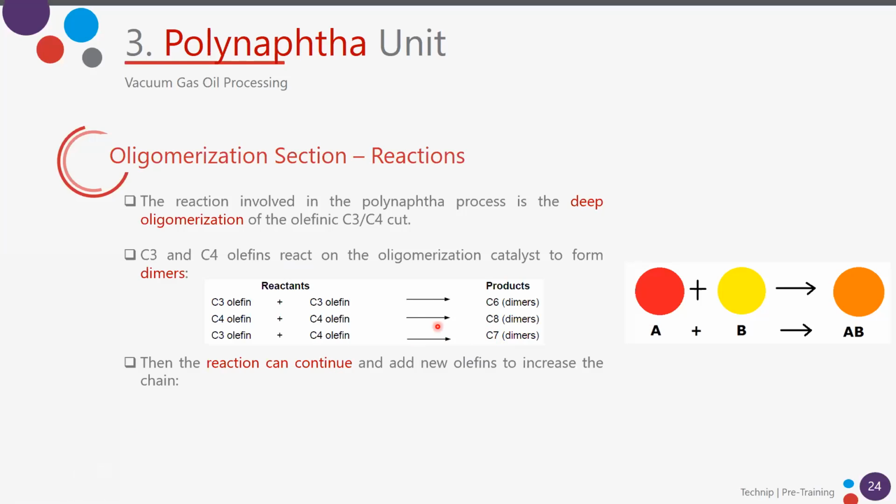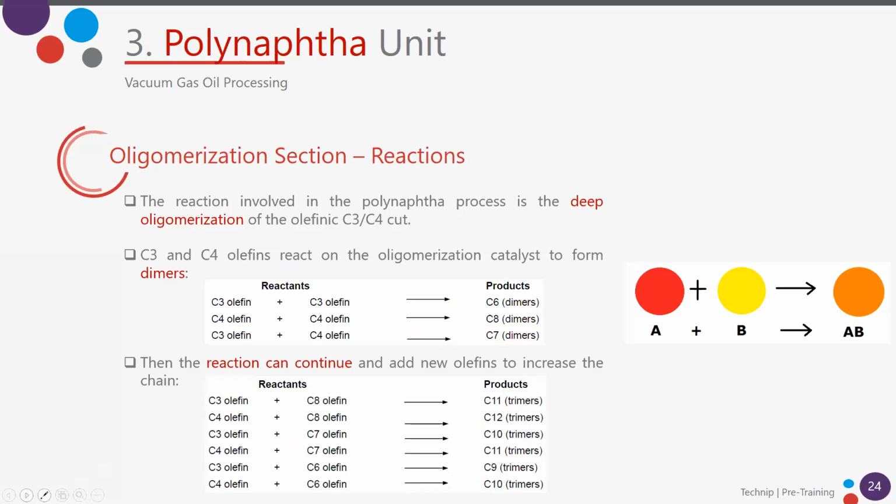Okay, of course, this is a dimer because you have two, okay, but it can continue and you can have trimers, okay. If you continue to react one C3 olefin plus one C8, we will produce C11. If you react C4 plus C8, C12, and so on, okay?